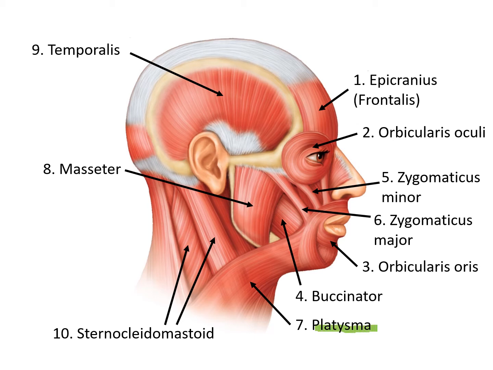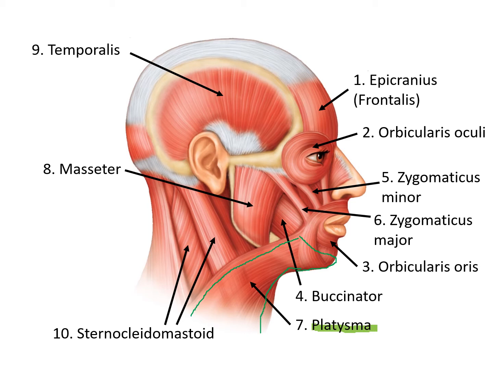Number 7, the platysma. This one is also named for its shape. Plat, like a plate, means flat. The platysma is the superficial muscle going from the upper part of the chest to the mandible. It doesn't pull on the mandible very much.